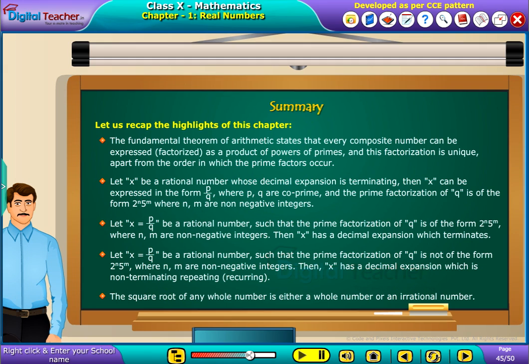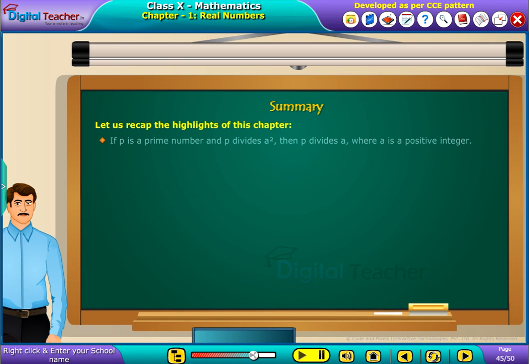The square root of any whole number is either a whole number or an irrational number. If p is a prime number and p divides a square, then p divides a, where a is a positive integer. If a power n is equal to x, then the logarithmic form of it is log x to the base a is equal to n, where a not equal to 1.